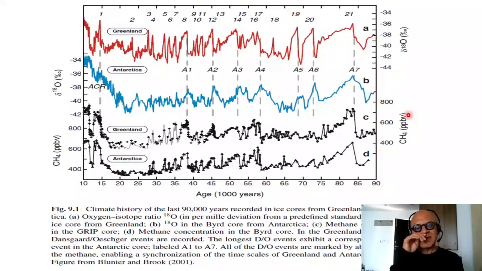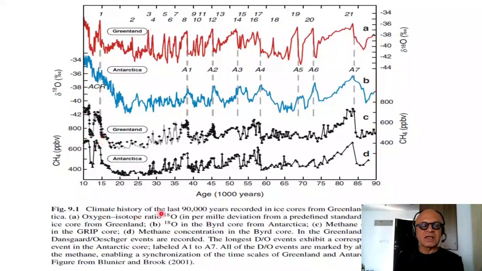So several attempts have been made. We will look at one from Tom Stocker and other authors explaining the time scale of the bipolar seesaw and the relation between the northern hemisphere changes and the southern ocean changes recorded in these ice cores.